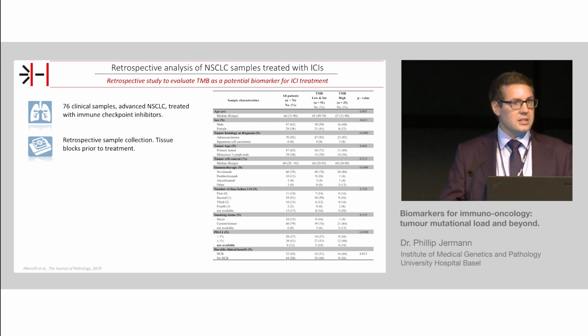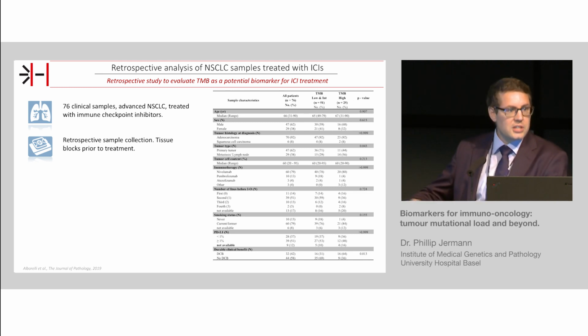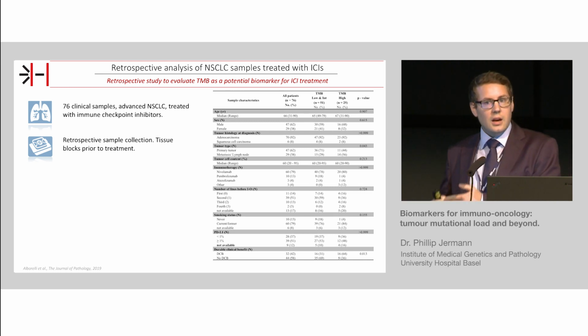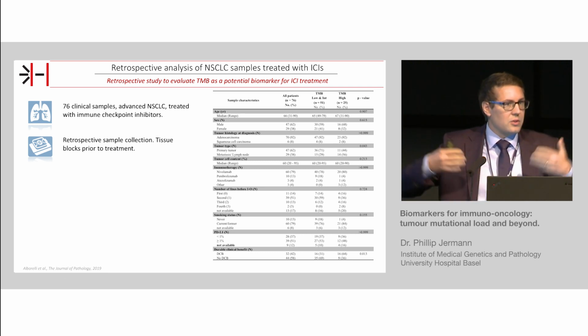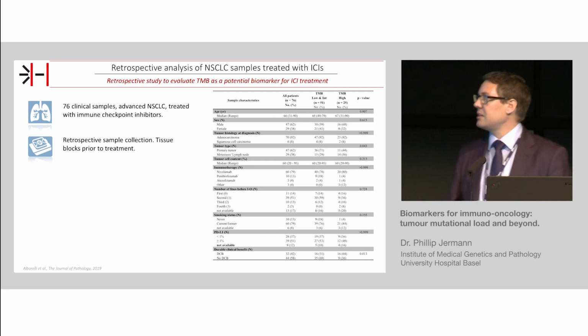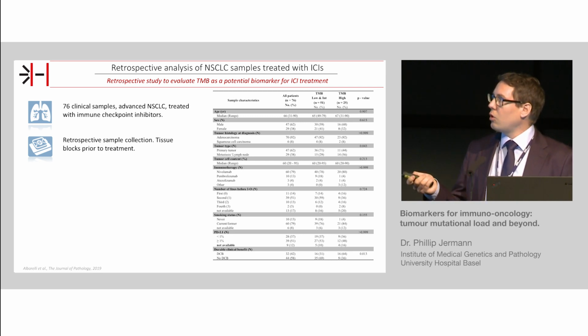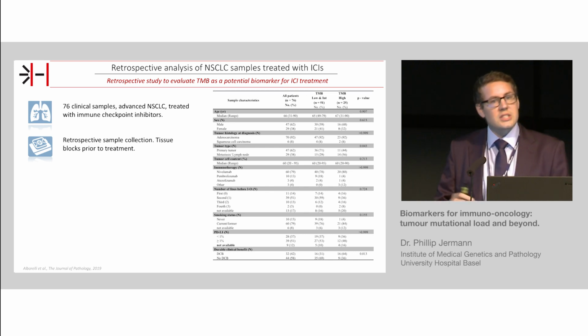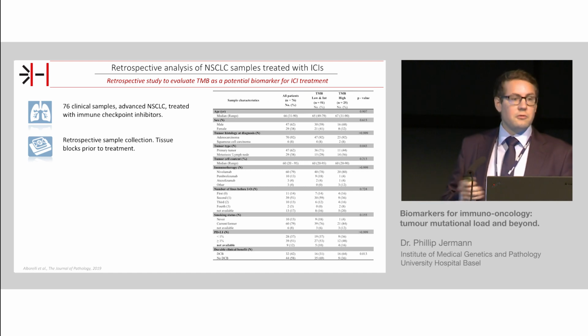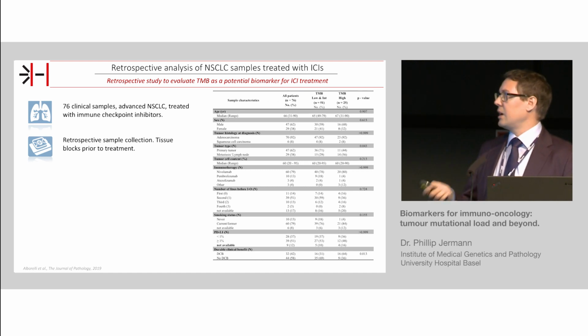So what we did is to test whether this association of TMB with therapy outcome was also true really with everyday samples in a routine setting. We took a cohort of 76 non-small cell lung cancer patients that had all received immune checkpoint inhibitor therapy. And we had full clinical follow-up data of this cohort, so we knew which patients responded and which did not.